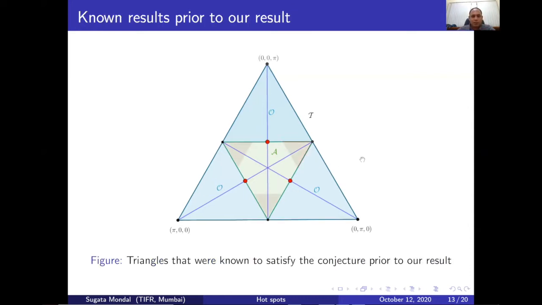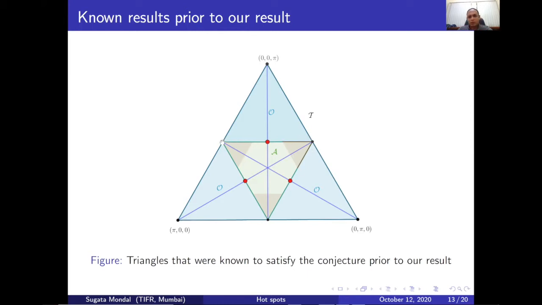So I'm going to give you an idea of what results were known before we even started working on this problem. Obtuse triangles, this O part, were known to satisfy the conjecture due to the work of Judge and Mondal. These straight lines: this one corresponds to isosceles triangles, and these straight lines correspond to right triangles.